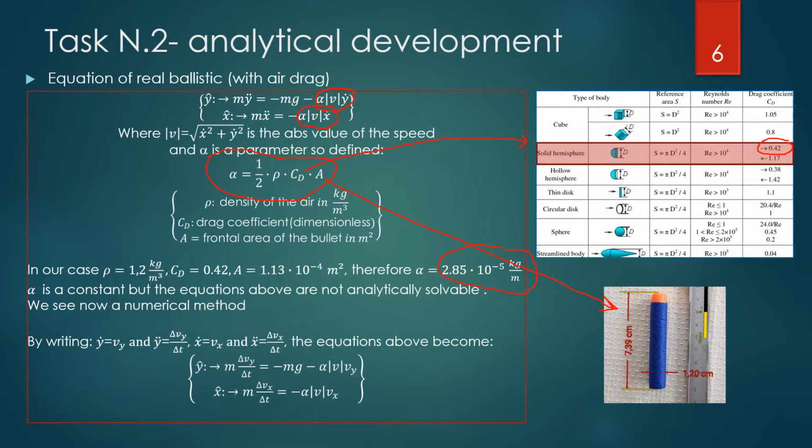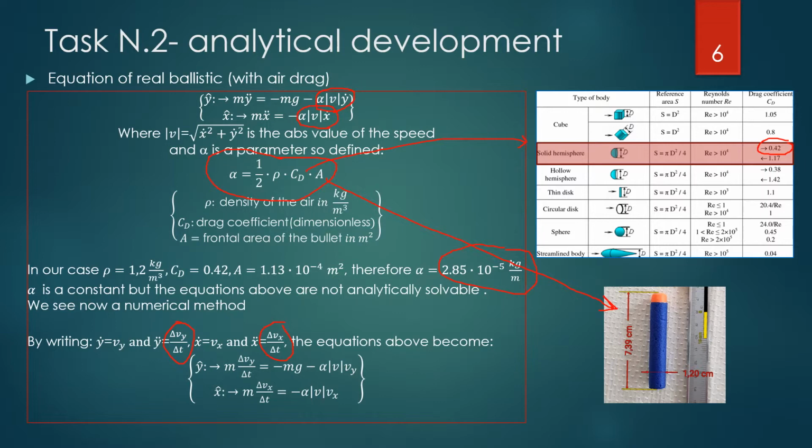And for finding a solution, we have a trick. The trick is to express everything in function of the velocity. So instead of y double point and x double point, which is the acceleration, we replace with the derivative of the speed along y and along x axis respectively.